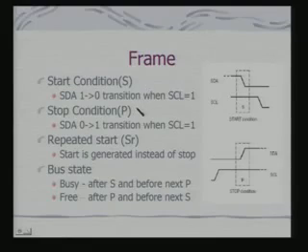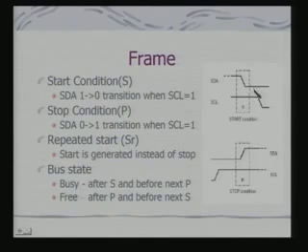Now, when the transmission is to take place, there has to be a start condition and a stop condition. Start condition is when the SDA line makes a transition from high to low when SCL is high.